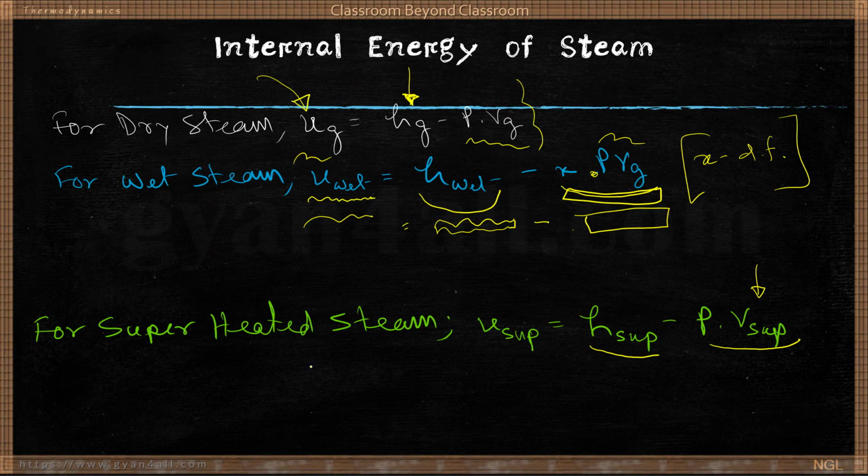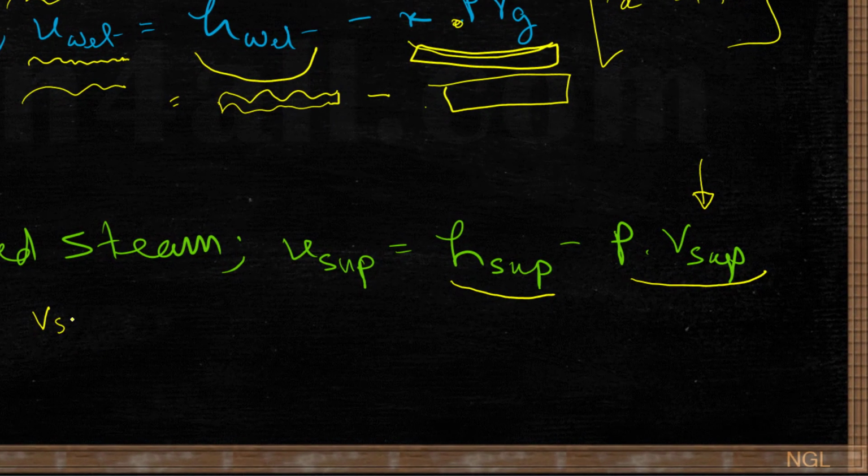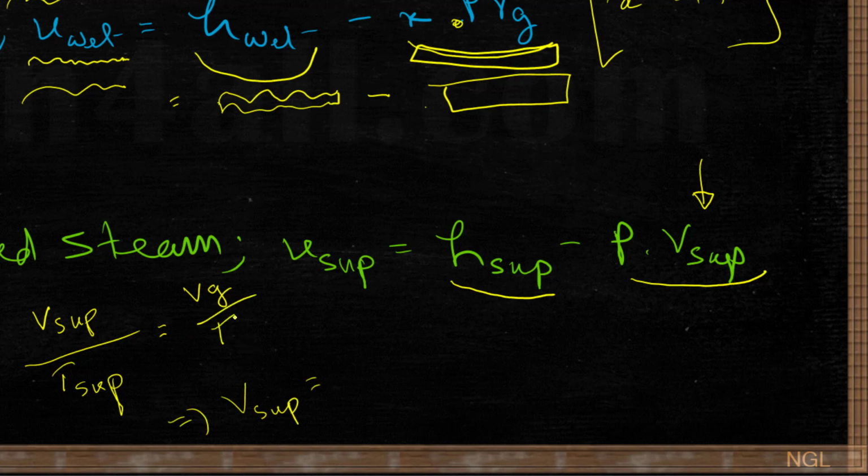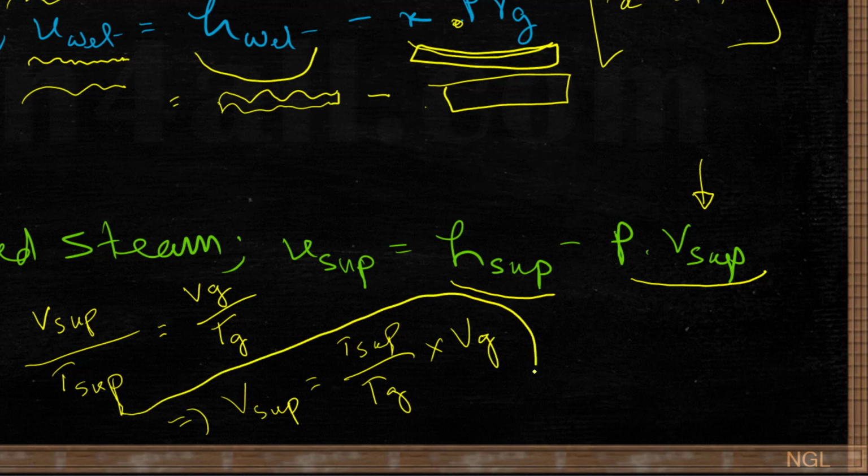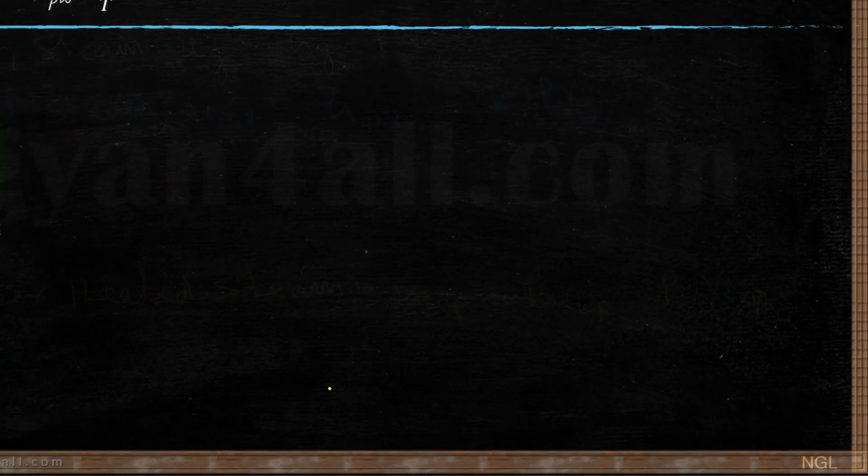What is V sup? Last class we discussed V sup divided by T sup, the temperature of superheated steam, is equal to Vg divided by Tg. This is nothing but Charles's law. So V sup is equal to T sup divided by Tg into Vg. From this we can find the specific volume of superheated steam and the internal energy.